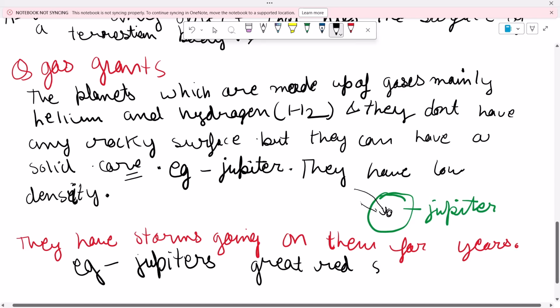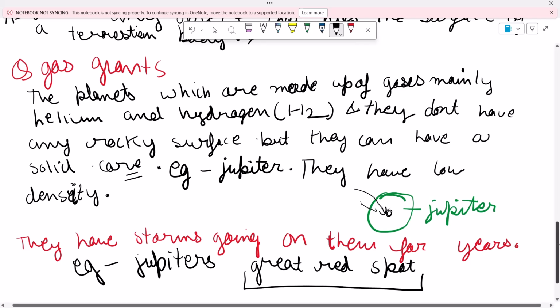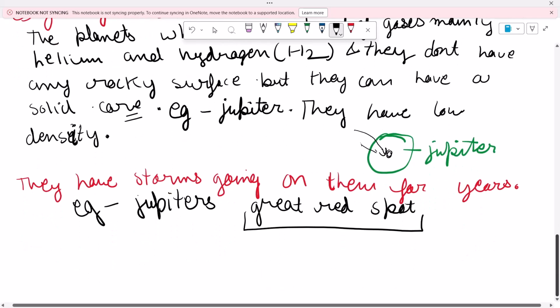For your understanding, the Great Red Spot is a storm estimated to be going on for thousands of years. That storm is continuously moving around Jupiter, and it will continue for some more years. After some time, we will see that the storm has disappeared and Jupiter has lost its Great Red Spot. So, this is all about the gaseous planets.